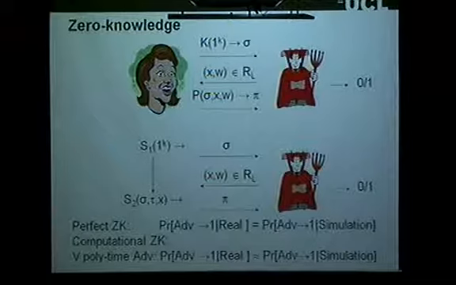Our polynomial time adversary probably wasn't able to generate an X, W pair, right? I think it's pretty straightforward to generate a statement and a witness for an NP language, right? Consider, for instance, a circuit. You can just say, okay, I want to create a circuit, and with this input, it should output 1, and that's pretty straightforward to generate.